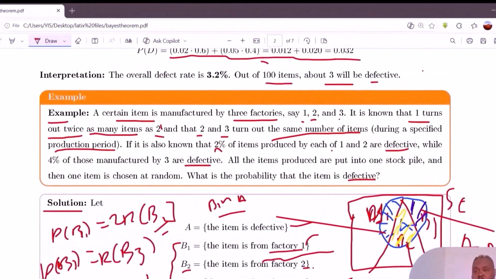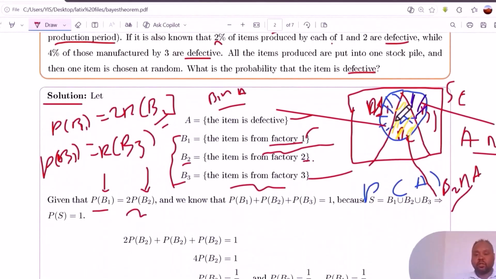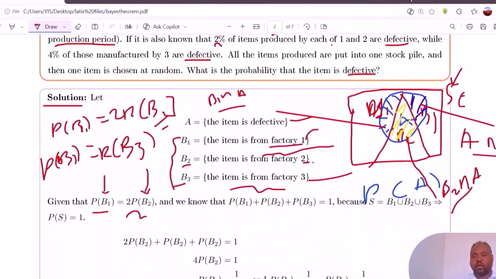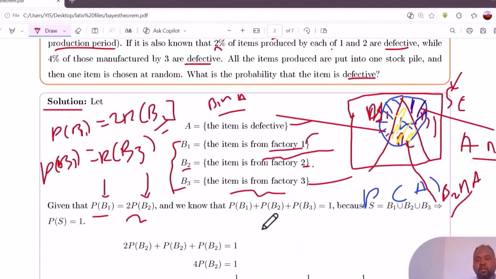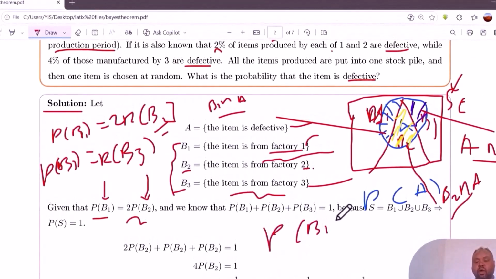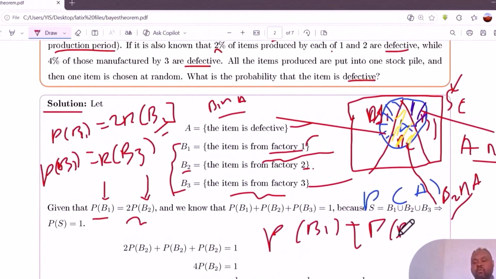But we know that these three partitions make up the sample space. From our axiomatic probability, the probability of B1 plus the probability of B2 plus the probability of B3 is 1.